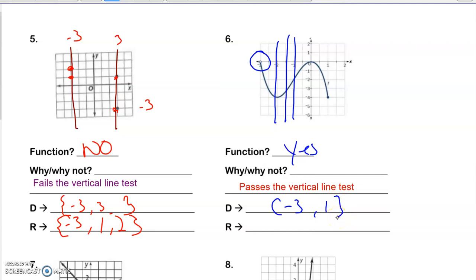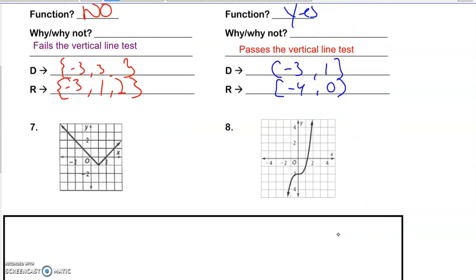And then for the y values, we start at -4, which is a closed dot, and we go all the way up to where it is up here, which is 0, and that's curved because it's an open dot. Is this a function?